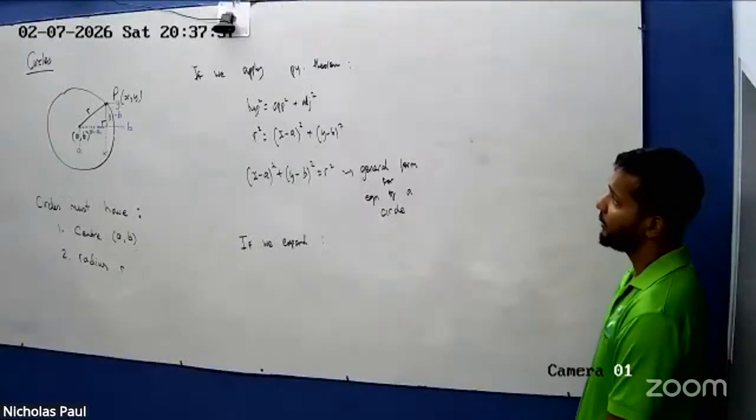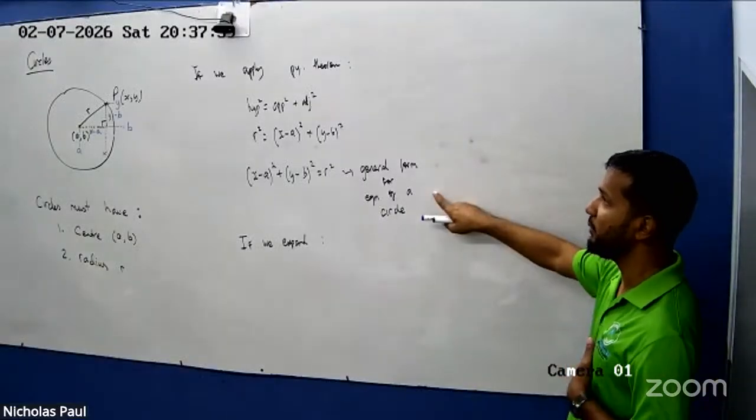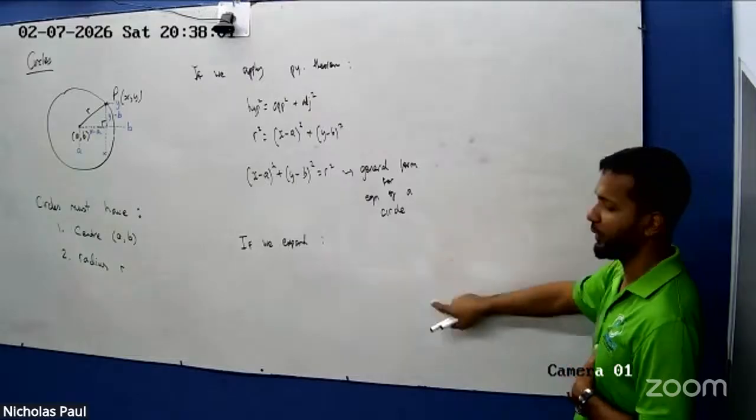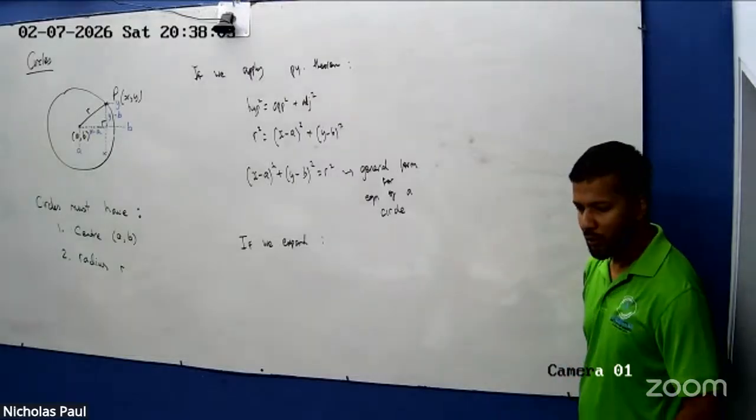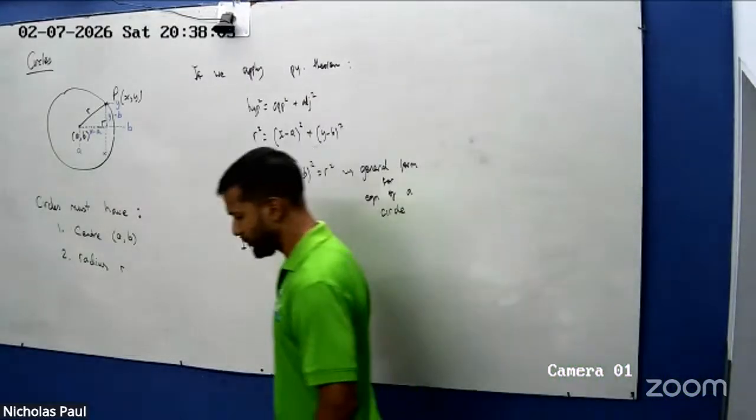So there are two forms of the equation of the circle, this one and the next one I'm going to show you now. Try to expand this.